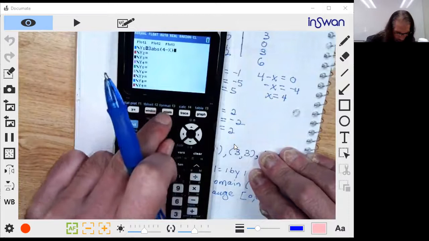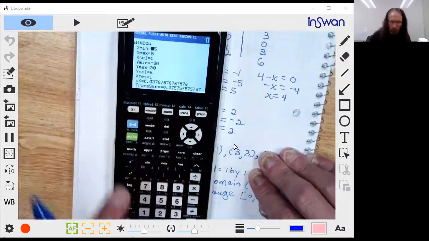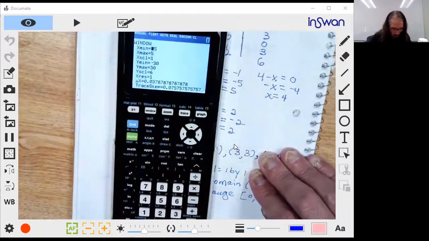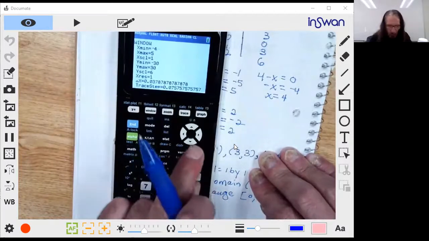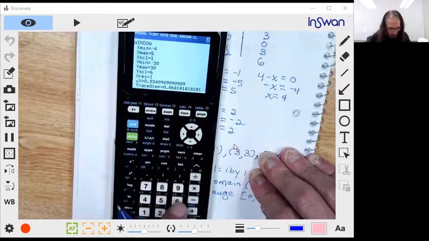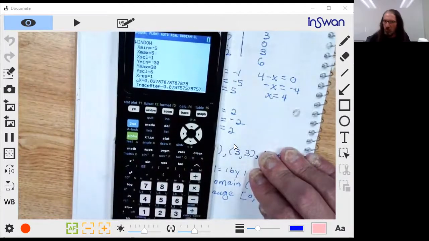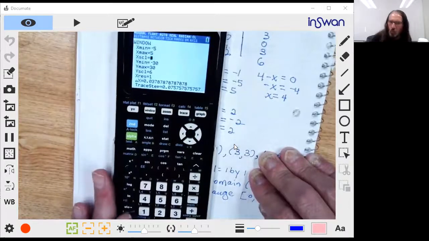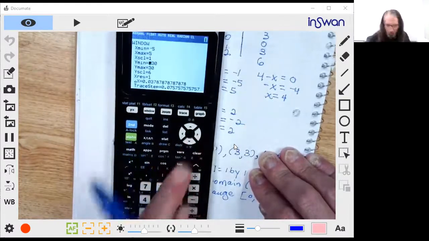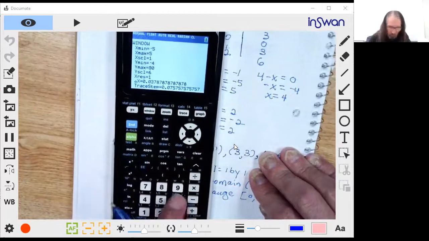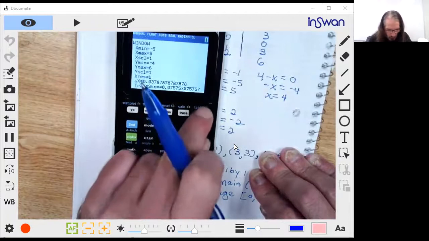This one, if I want to see as far as 6 in the y direction, let's keep -5 to 5 with an x scale of 1, and then go from -4 to +6 in the y direction with a y scale of 1.